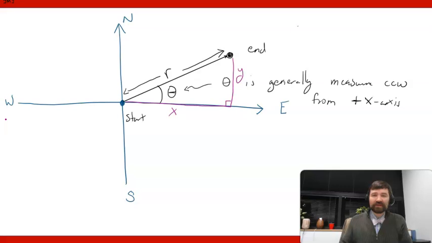Now note that in Cartesian, this would be plus x, comma, plus y. If I were to write it in polar instead, by convention, I usually use a curly bracket when I'm writing out polar coordinates. And r is always taken to be positive, theta generally taken to be positive. But we could say like plus r and plus theta here.